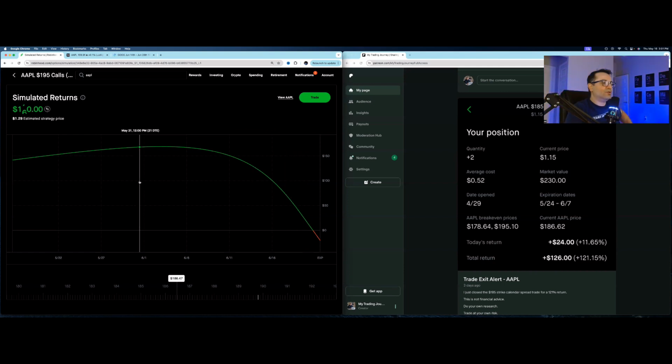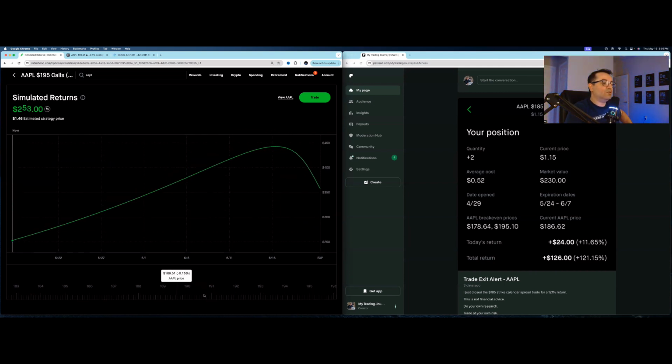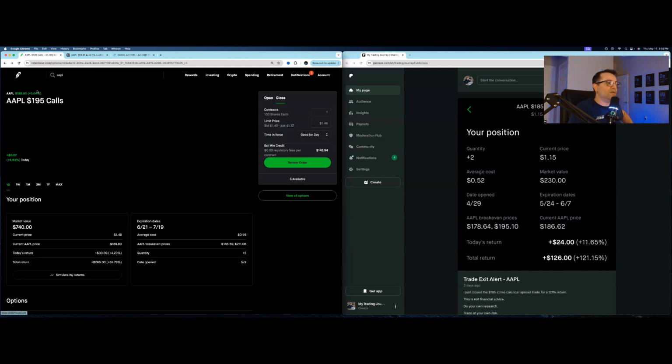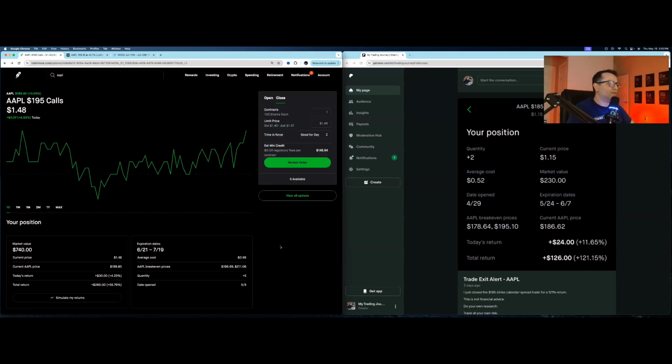So there's still a lot more room for it to run, and it could even go down. And this trade that I'm in could still end up being profitable. So now it's just a matter of time: hang tight, be patient, and wait for the profits to come in, right? So that's basically how you do a calendar spread.